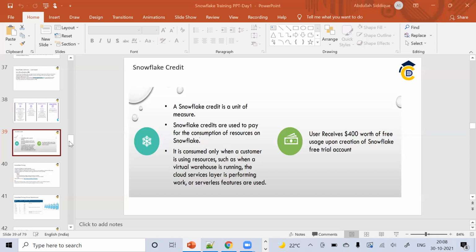You don't have to worry about how to pay the cloud services that you're using. For example, if it is AWS, what is the pay model for EC2 or for S3? That is not our concern as Snowflake users. We are dealing directly with Snowflake. We are not bothered about what is happening at the back. We will be dealing with Snowflake.